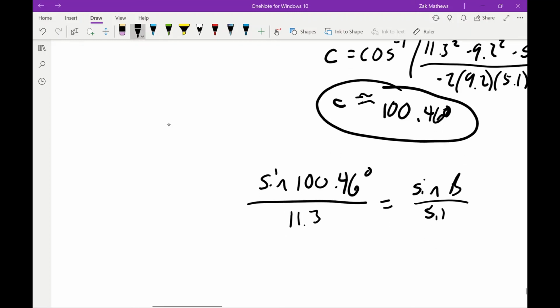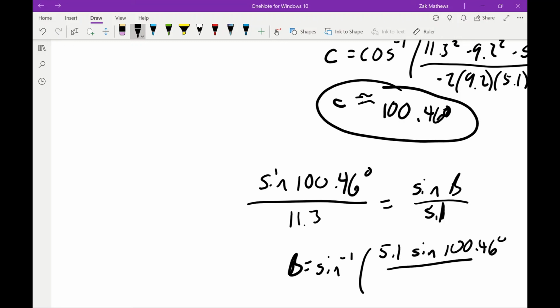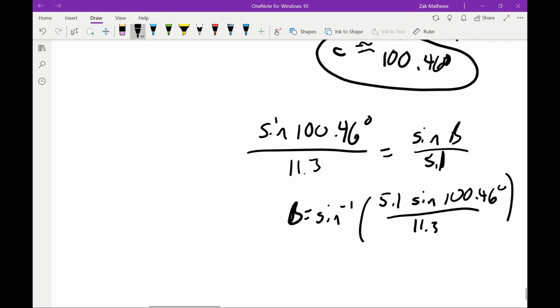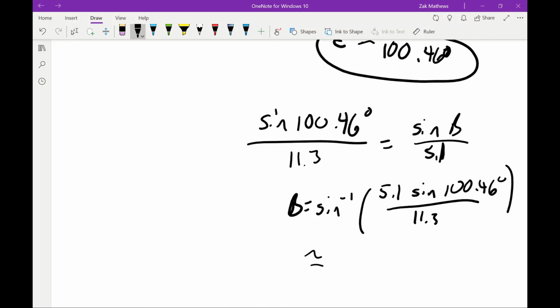And so then to get B by itself, we would take the inverse sine of 5.1 times sine 100.46 over 11.3. And when we type all this into the calculator, we'll get the approximated value of 26.35. And so there's my angle B.